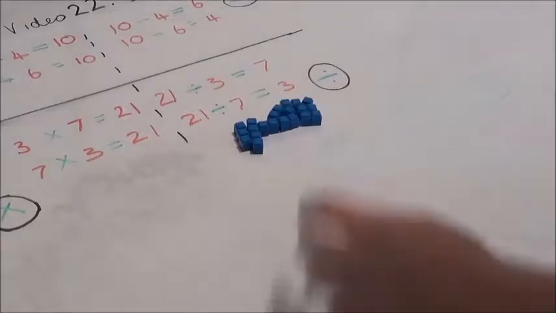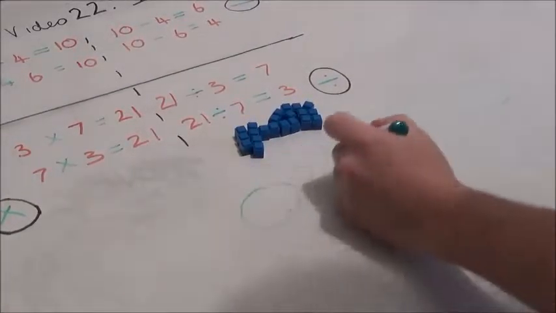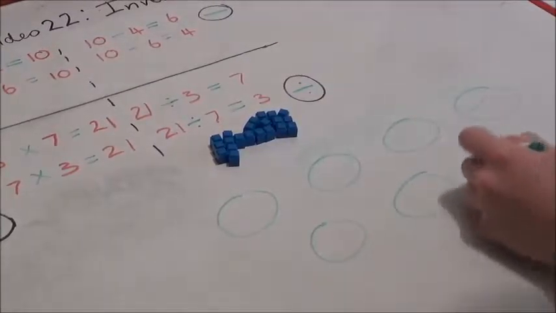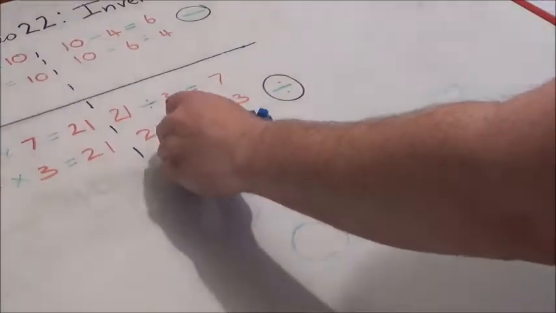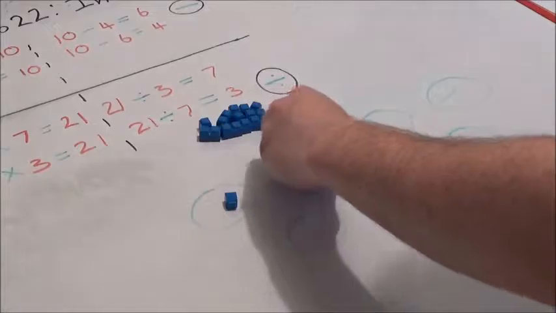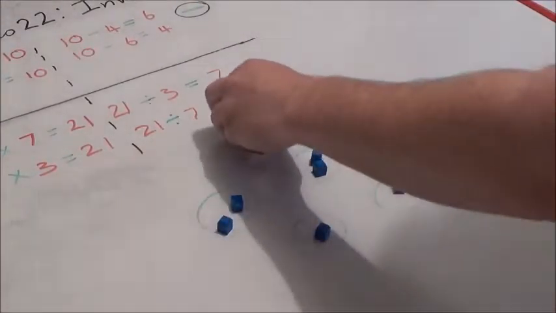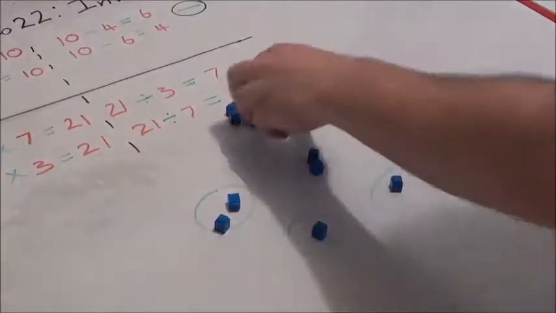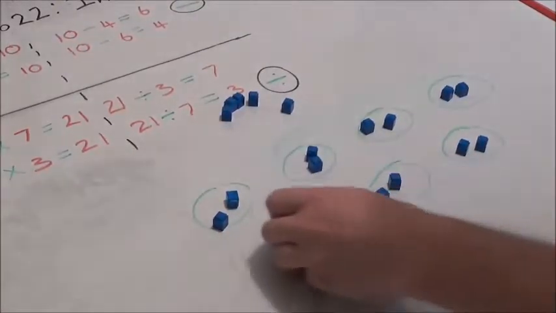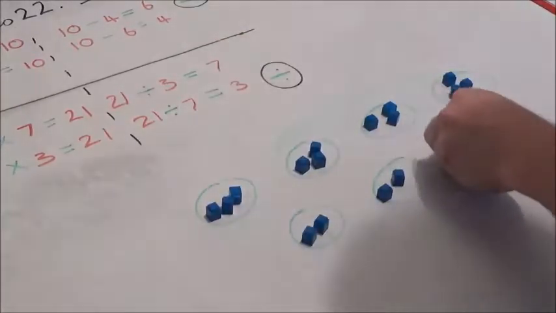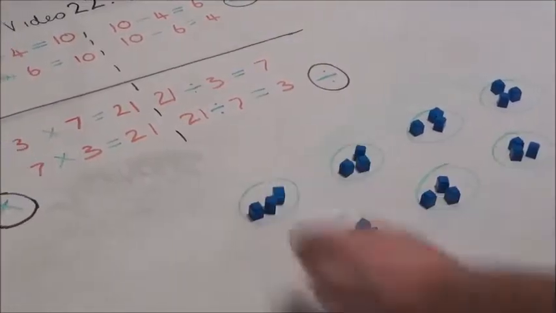And then I could create them into 7 categories. 1, 2, 3, 4, 5, 6, 7. And then again, 1 into each section. Which gives me an answer of 3.